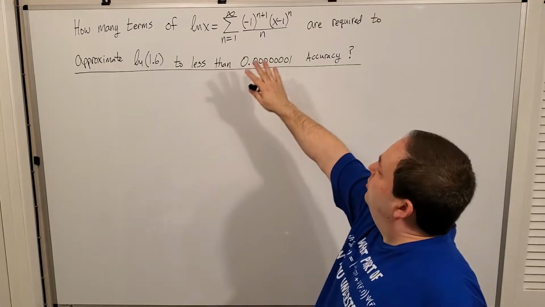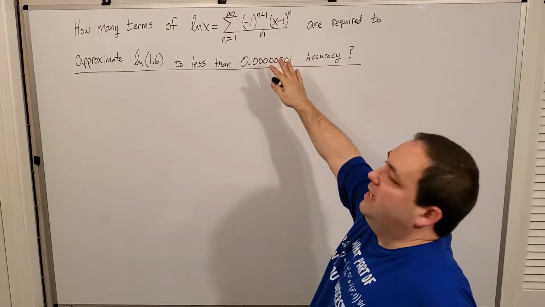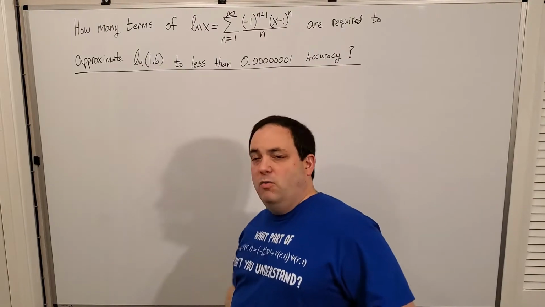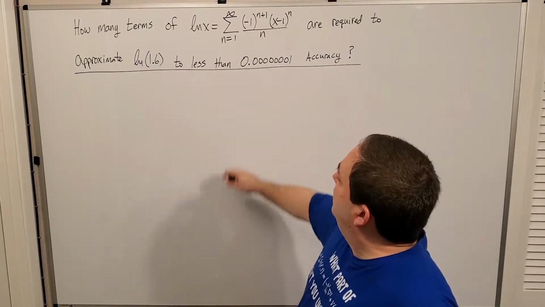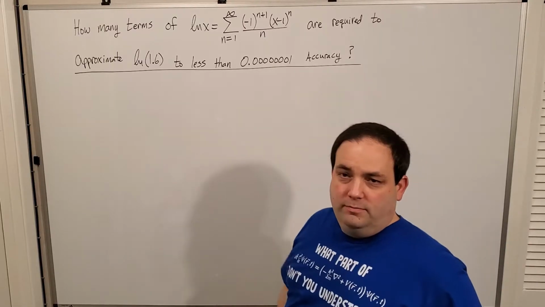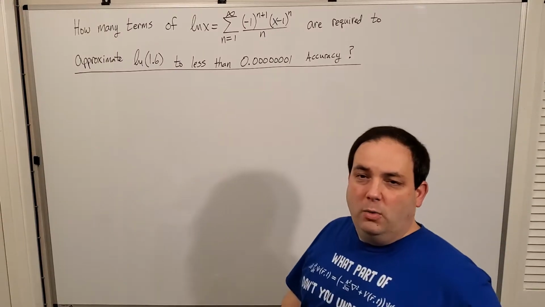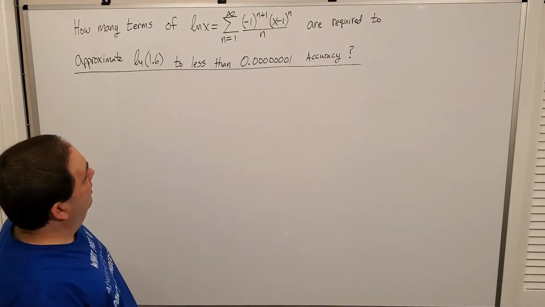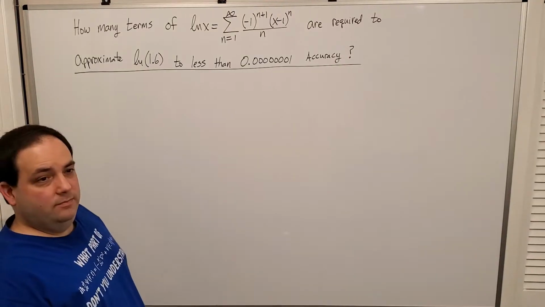So how many terms of this power series, of this Taylor series, are required to approximate the ln of 1.6 to within 0.0000001, right? That's 7 zeros and a 1, by the way. Okay, 8 decimal places down. That much accuracy, okay?